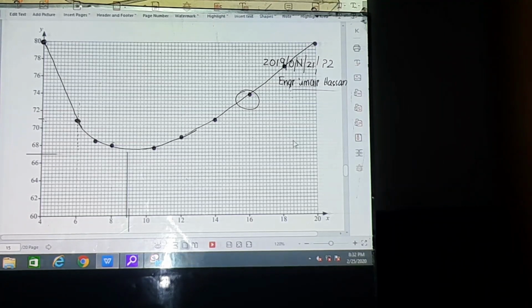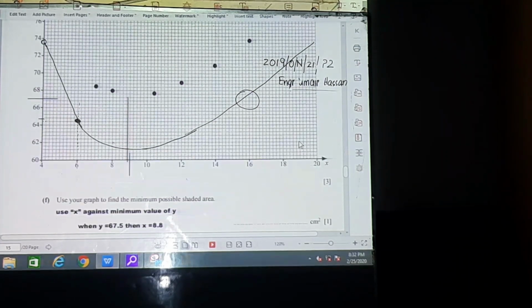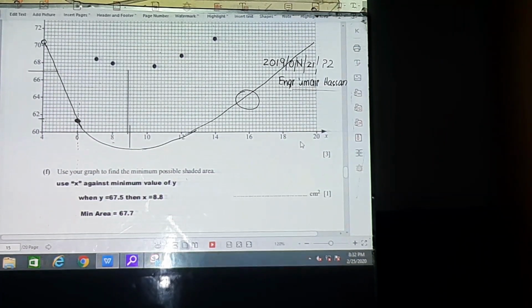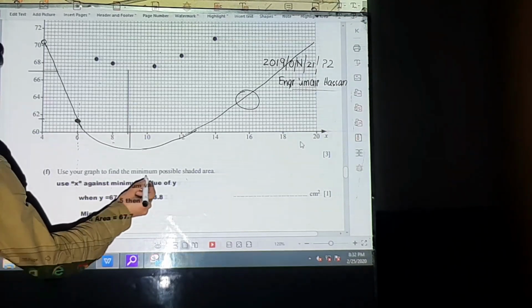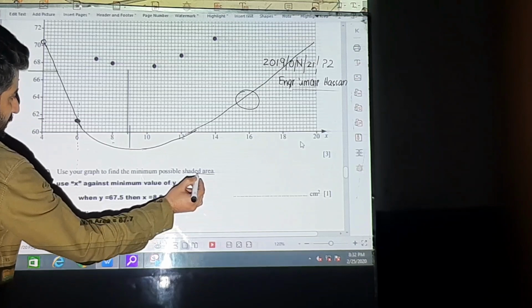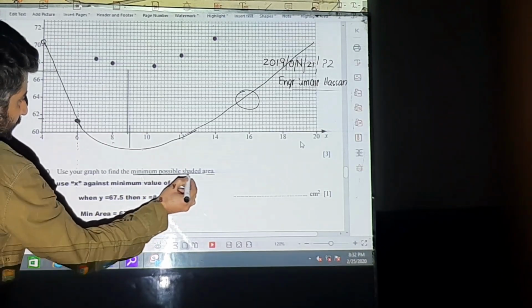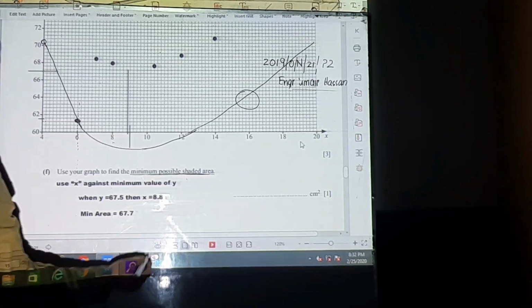They have asked us to draw a curve for the given data, so this will be the required curve. In the next part, they have asked us to use your graph to find the minimum possible shaded area.